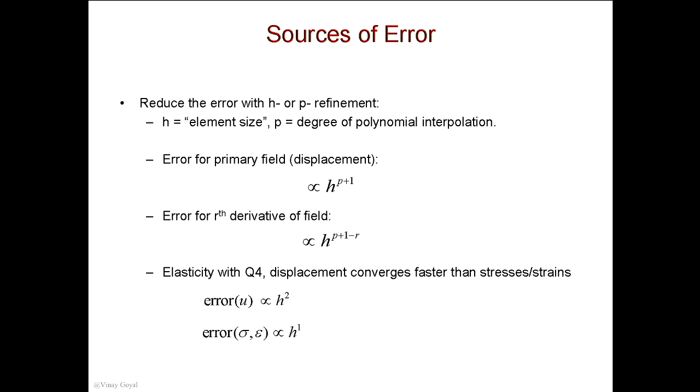But now when I look at strain, we know that strain is the derivative of displacement. So therefore the error will be proportional to h. And so if I decrease the element size, you can see clearly that the error is not decreasing at the same rate as it does for the displacement. Does that make sense? So displacements will typically converge a little bit quicker than the stresses. Keep that in mind.